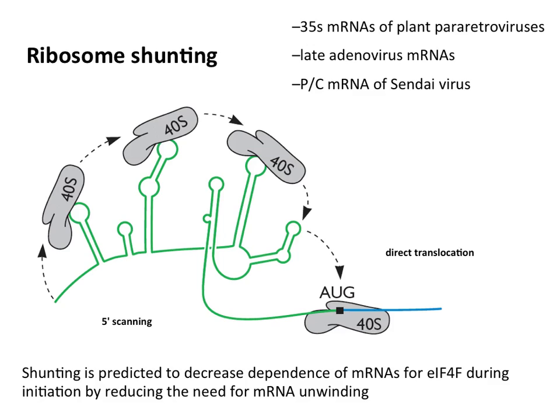The cap binding complex, that whole complex of proteins, including the helicase, is very important when there's a lot of secondary structure on the messenger RNA. But here we don't care about the secondary structure anymore, because the ribosomes are shunting over it. So the idea is that this decreases the dependence of any particular mRNA on having a lot of the cap binding protein complex, which can be reduced by the cell. So it's in effect a response to cells shutting off translation.